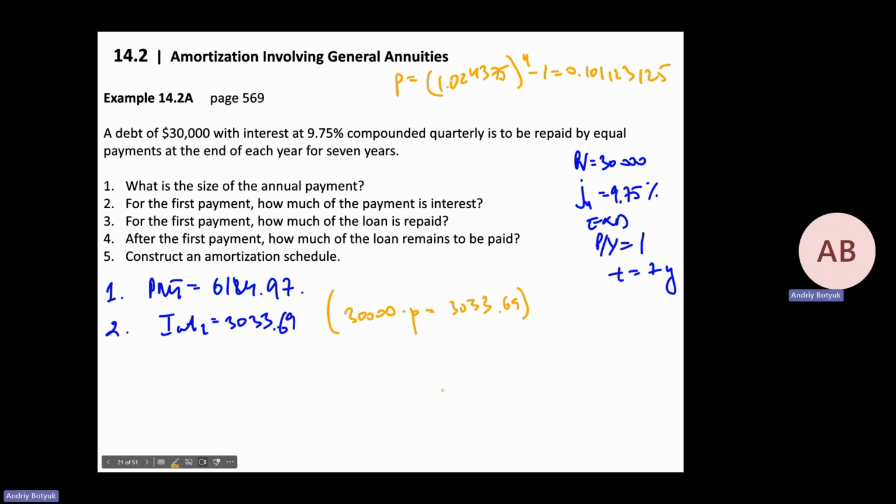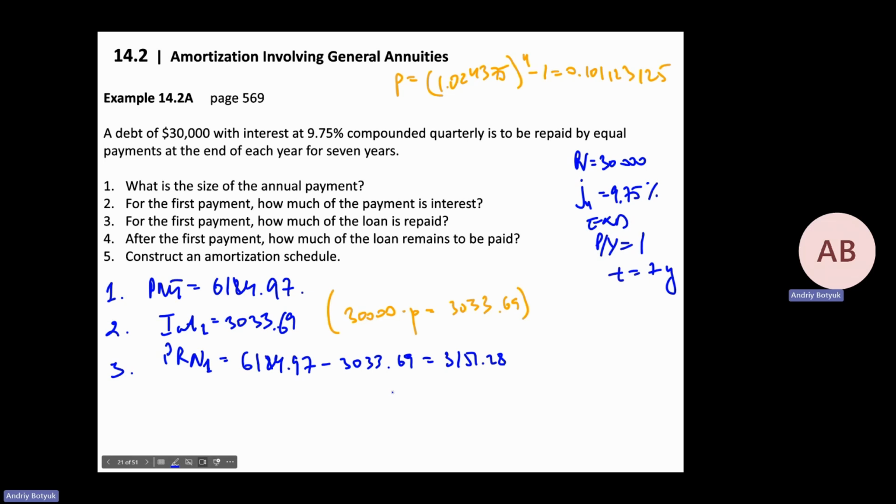For the first payment, how much of the loan is repaid? So what we do? That's principal, right? That's the amount you paid minus the amount you paid as interest. So 6184.97 minus 3033.69 is $3,151.28.